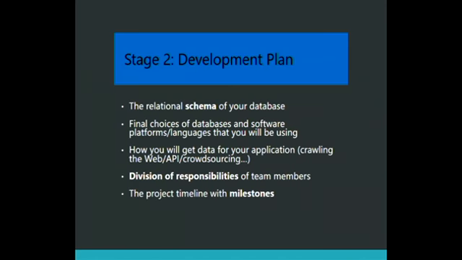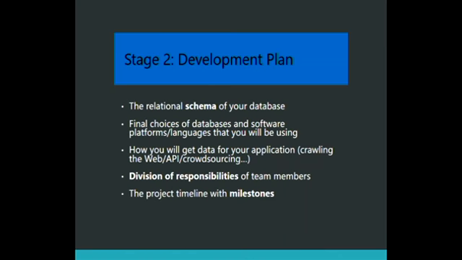If you want performance over development speed, you probably want to use C++ instead of Python to do web programming. And then in this report, we also want you to write how you plan to get data for your application.